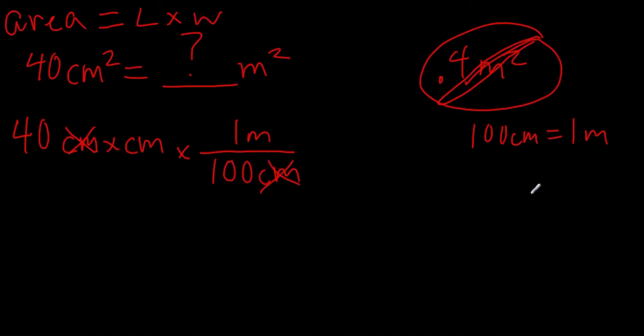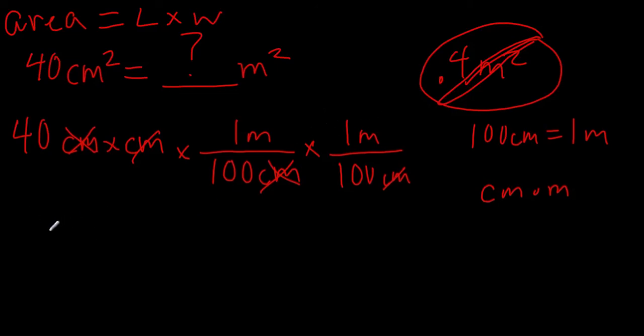Now what this would give me is centimeters times meters. That's not my conversion. I want to get that into something else. So I need to do the same conversion again, where I put 1 meter on top and 100 centimeters on the bottom. Now I can cancel off my other centimeters, and I end up with meters times meters.